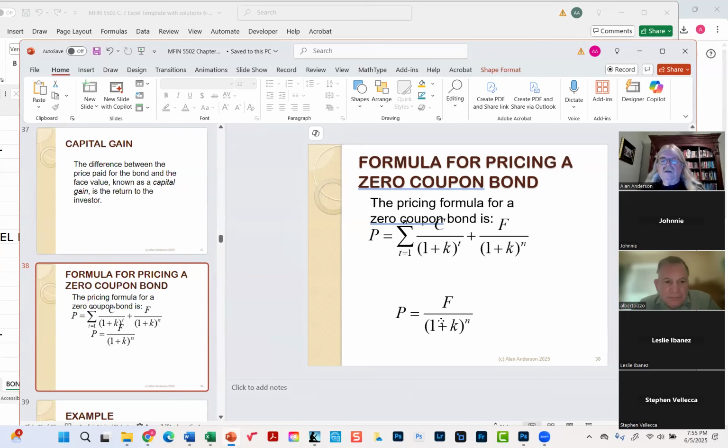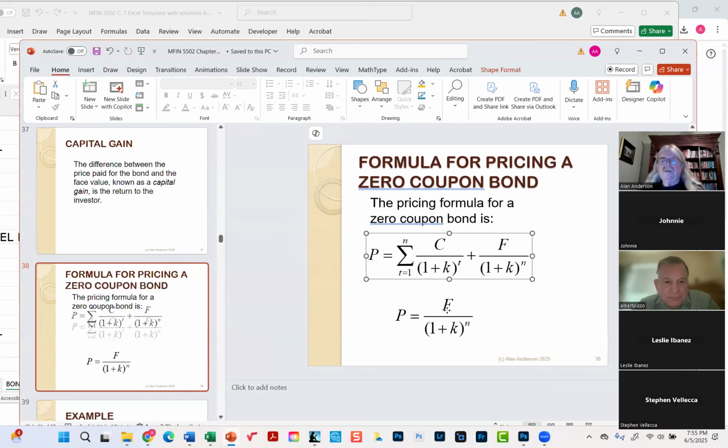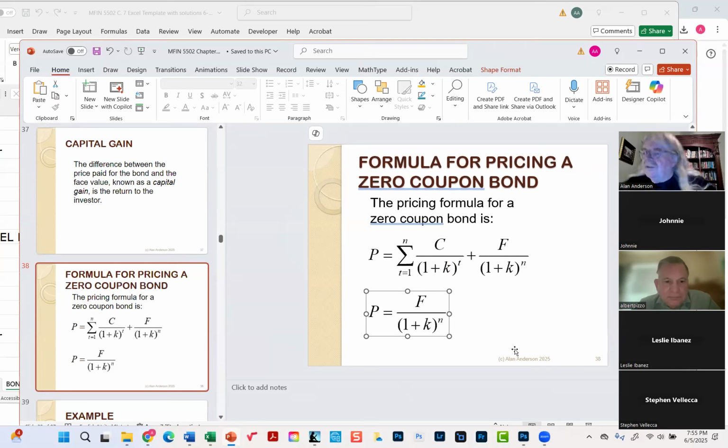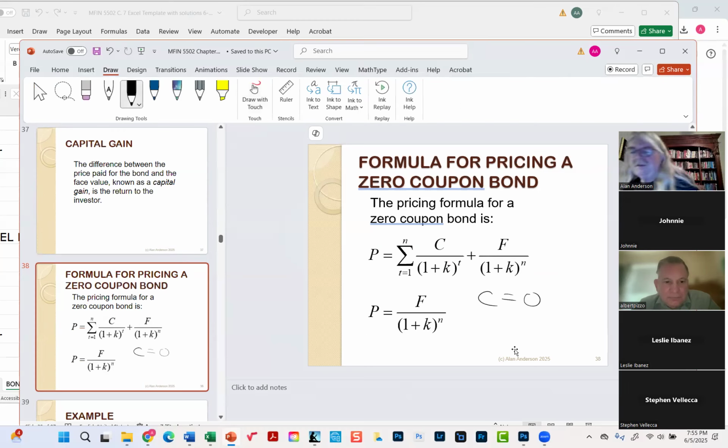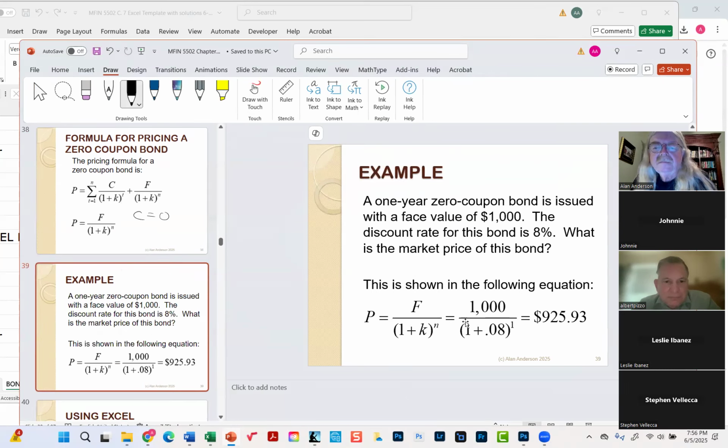The one on the top is for coupon bonds, the one on the bottom is for zeros. The difference between the two is that down here, C equals zero. So the formula reduces to a single term, one payment only. With a zero coupon bond, you're getting one payment at maturity. That's it. And so all of these drop out here, and you're left with a very simple formula.